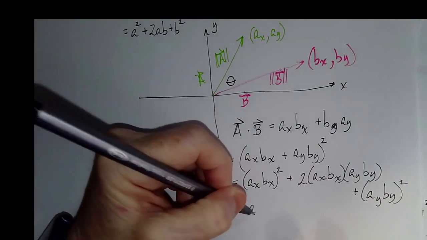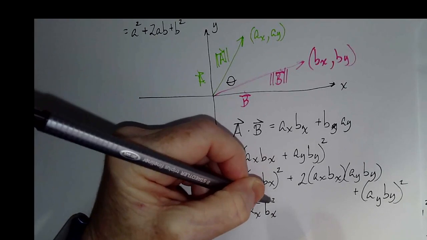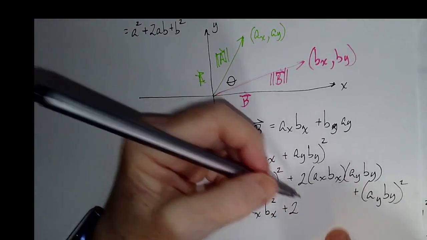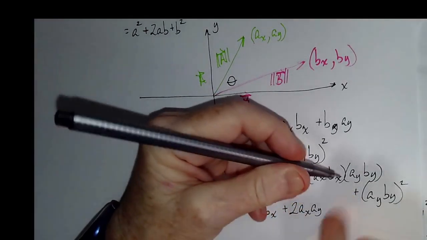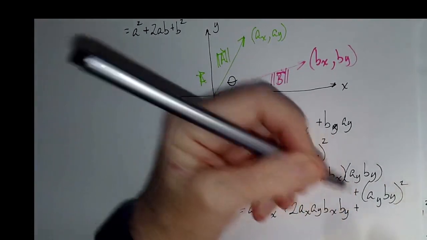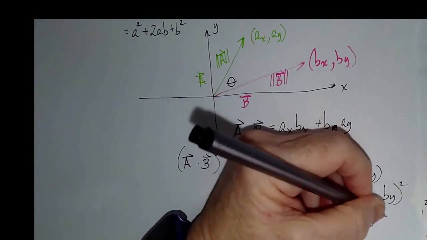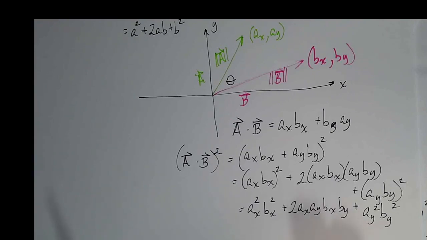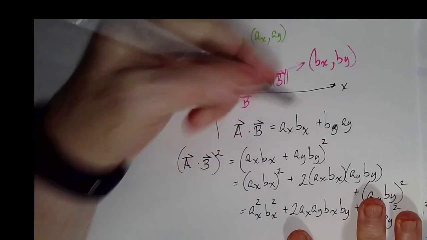So we've got AX squared, BX squared plus 2 times, I'm going to put the A's first, so AX, AY, and then the B's, BX, BY, plus AY squared times BY squared. And I'm just going to remember that on the side.